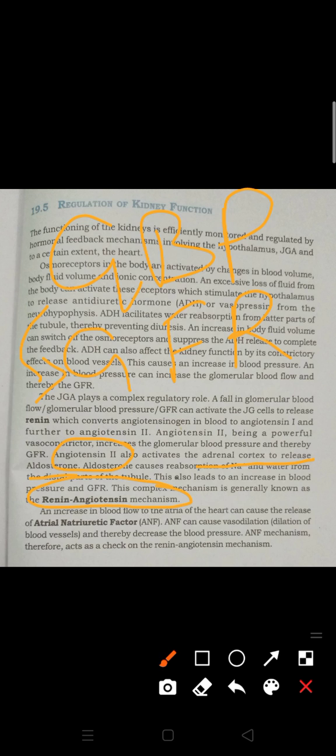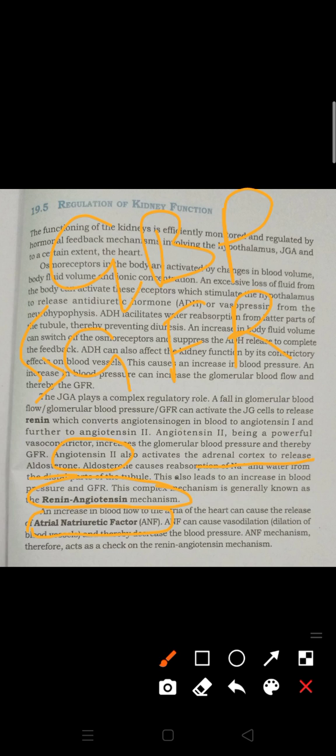Now come to the third point. This third point is very important, children, because it is related to our heart. If blood flow increases in the heart, in the atria, at that time it releases one factor which is known as the atrial natriuretic factor, ANF.